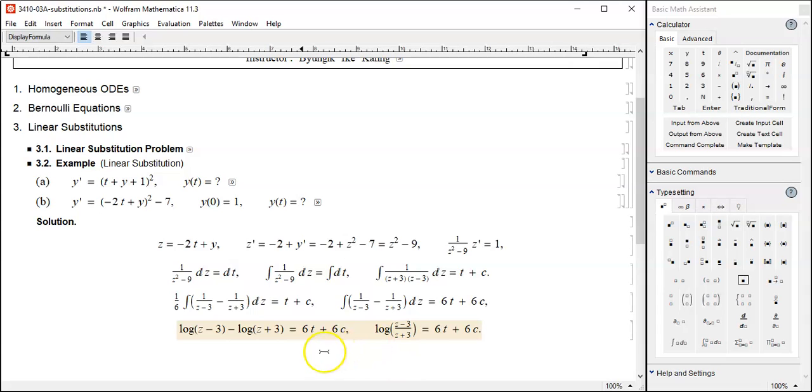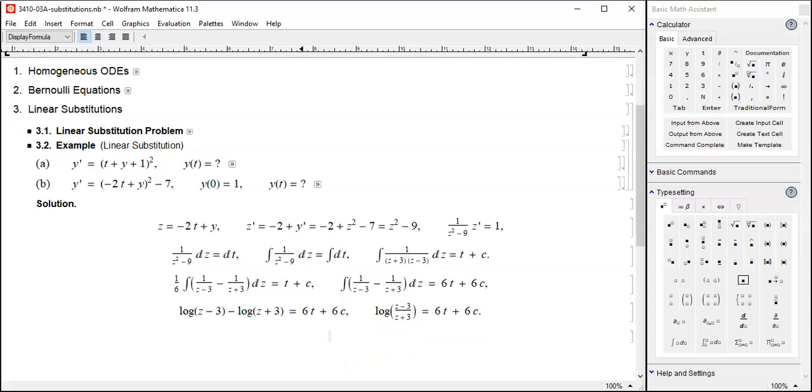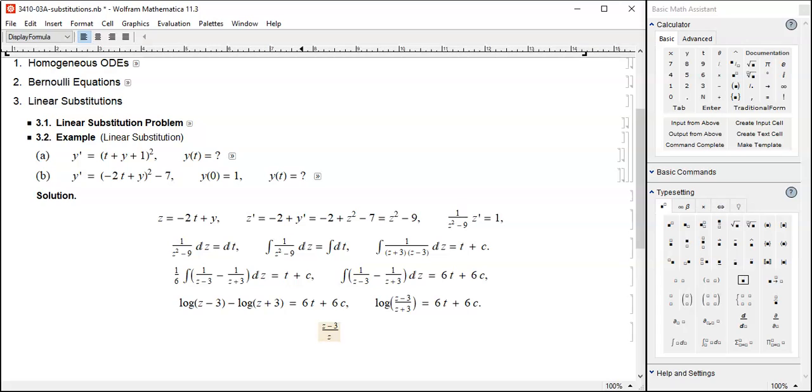Remember, take the exponential of both sides. So we have the inside, z minus 3 over z plus 3, and then the right-hand side is exponential of 6t plus 6c, and I'd like to have a bigger font here. And then I hope everybody remembers, how do we take care of this?